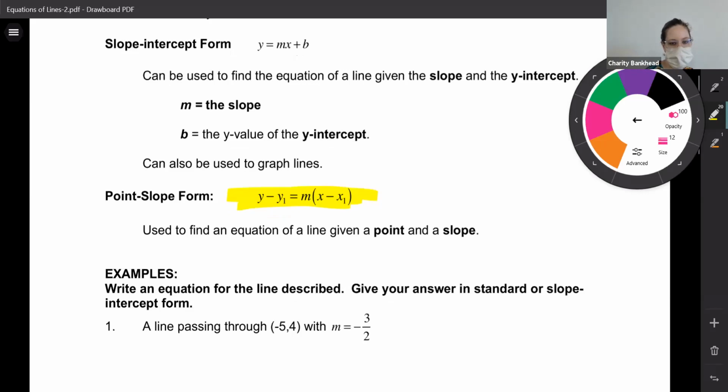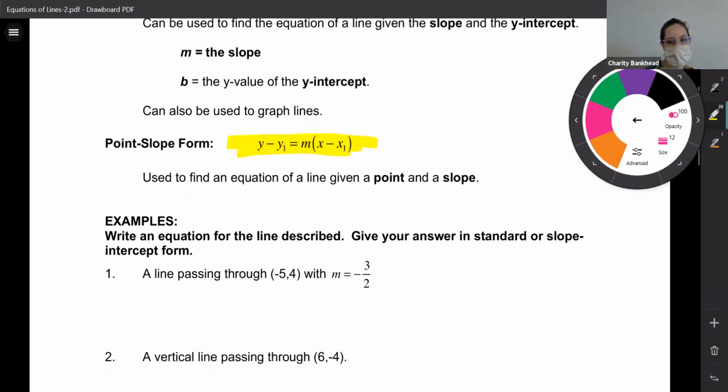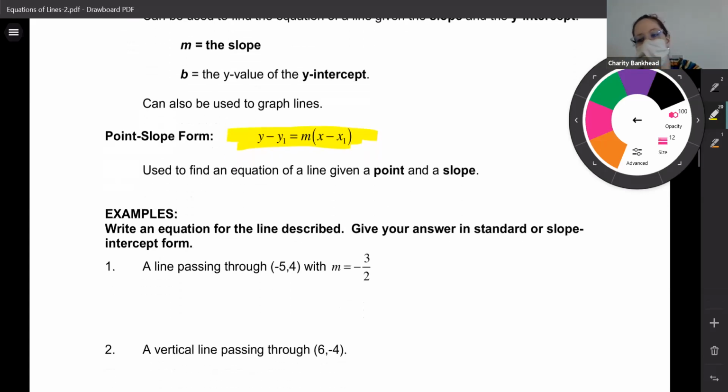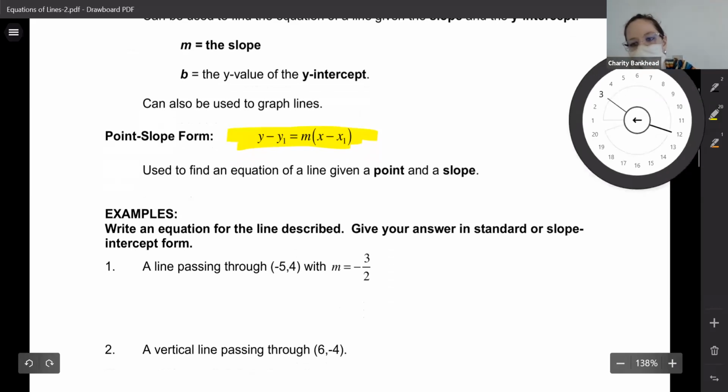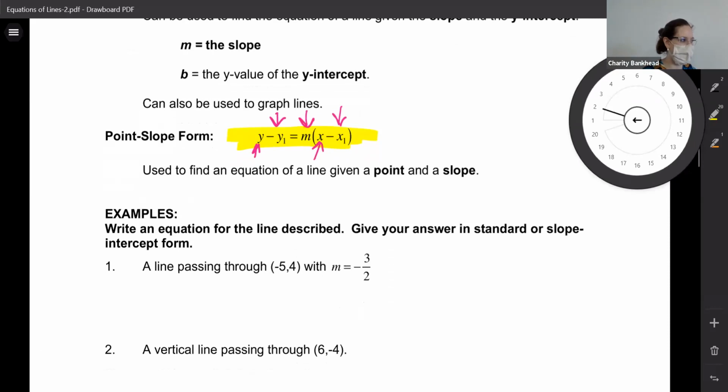You're going to plug in your point, that's going to be your x1 and your y1, and you're going to plug in the slope for m. But you're not going to plug anything in for the plain y and the plain x, because that's still going to be part of your answer when you get this equation of the line.